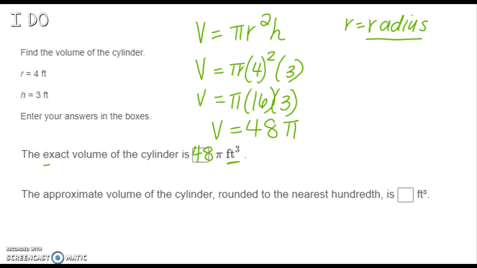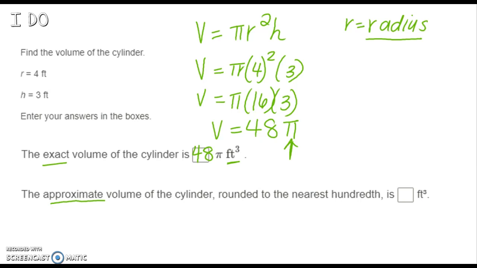When you're looking for exact volume, we're going to leave this pi symbol alone. However, when they want the approximate volume, we're going to multiply by pi. So if you look on your calculator, you'll probably see a little pi symbol. Pi is equivalent to 3.14, and there's a lot of decimals that follow that.